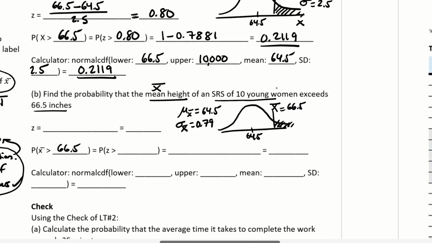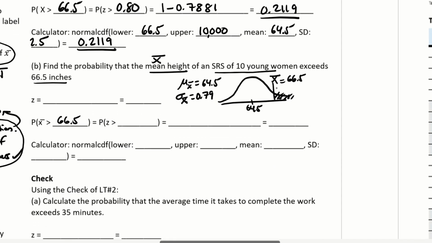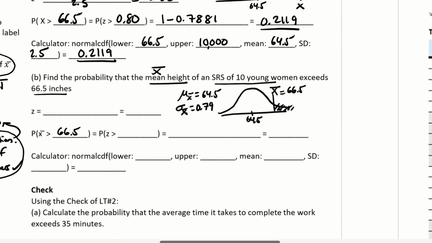So we're going to calculate that. What's the formula for the z-score here? Remember, it's value minus mean over standard deviation. Now if I use that formula, the value is x bar, the mean is mu x bar, and the standard deviation is sigma x bar.